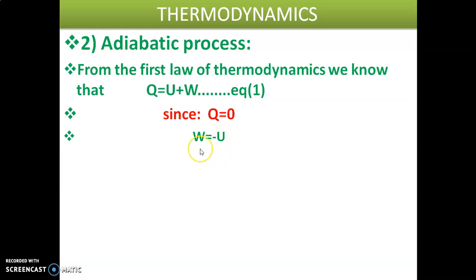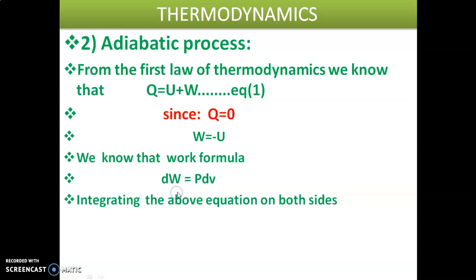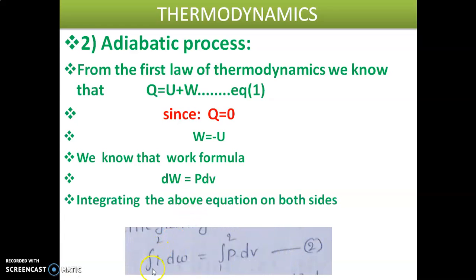We know the work formula dW is equal to PdV. If we integrate both sides, we get integration from 1 to 2 of dW is equal to integration from 1 to 2 of P dV. This is equation number 2.